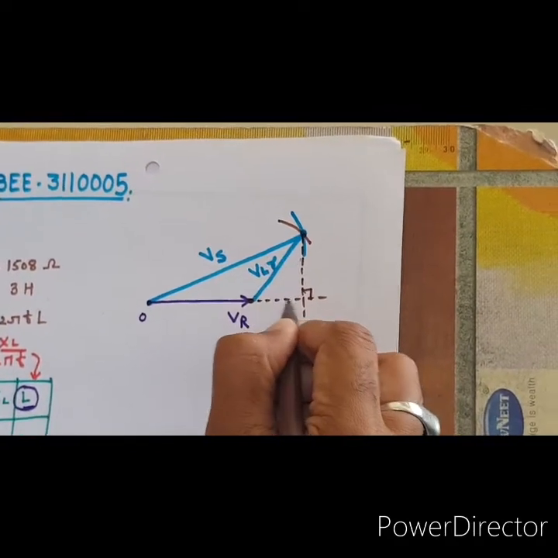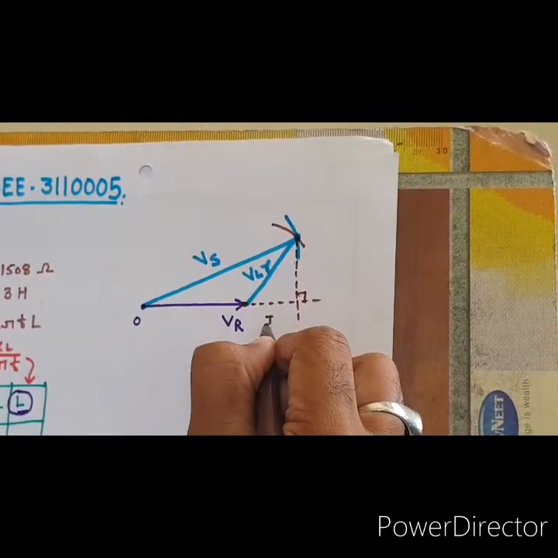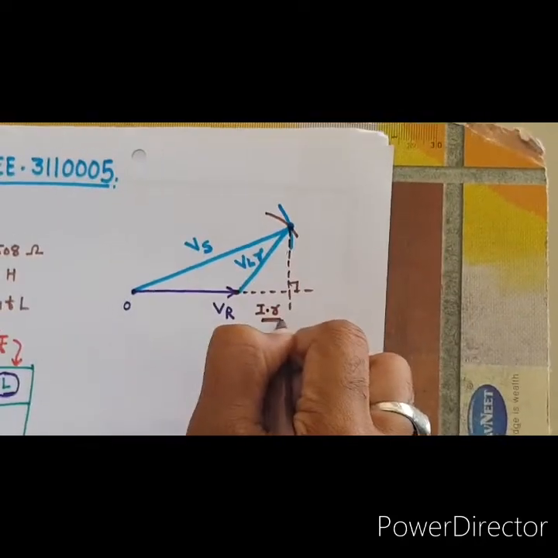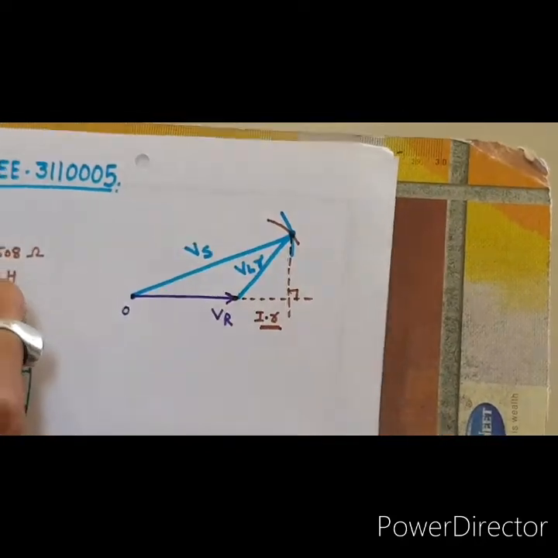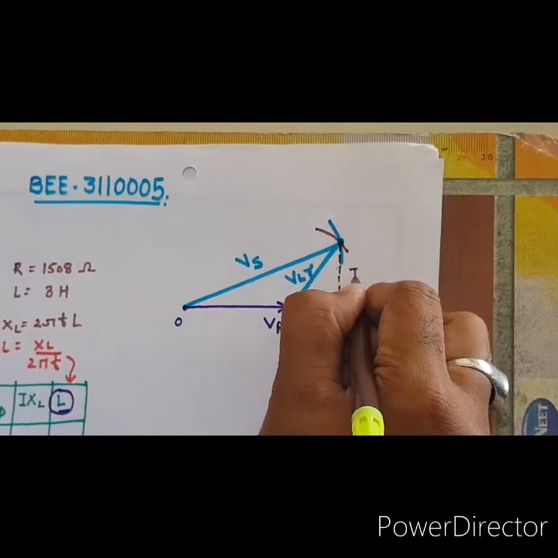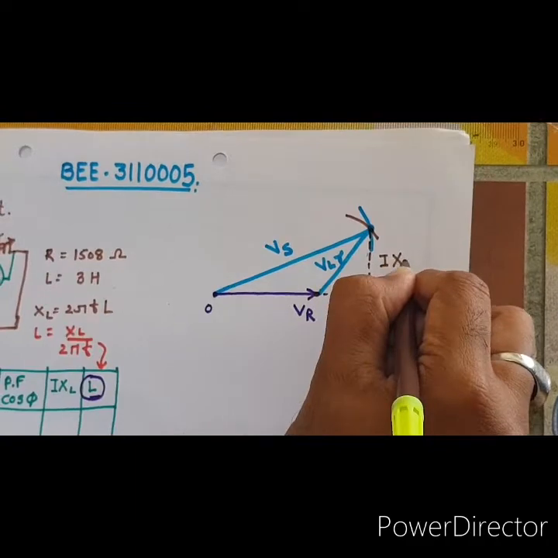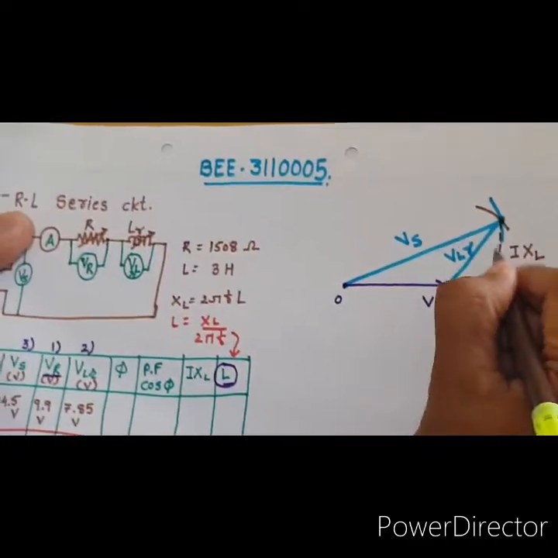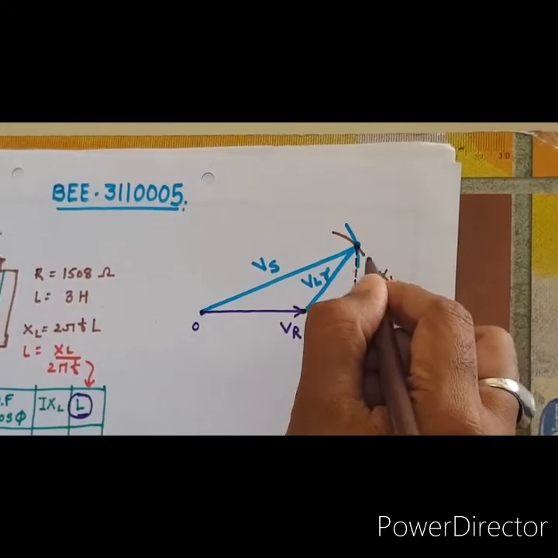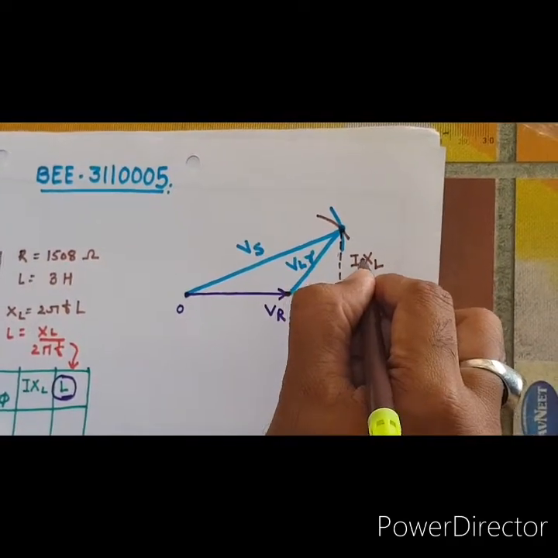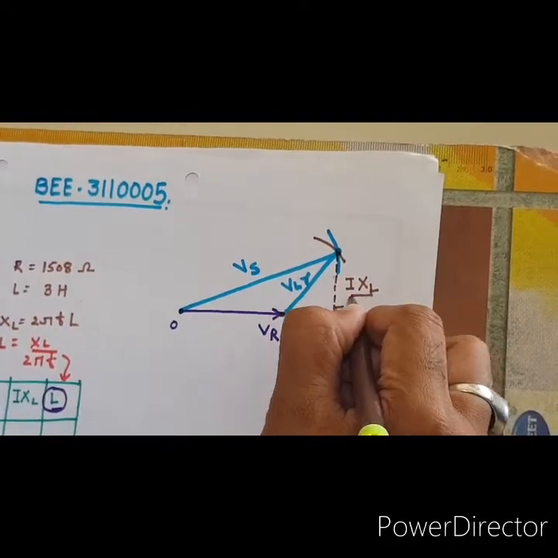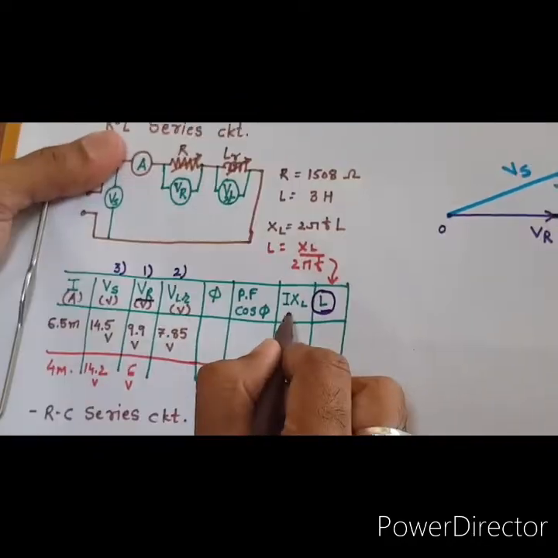This much portion indicates I into R, the drop in the resistive element of our choke, and this vertical portion is I XL, the voltage drop across the pure inductive portion.